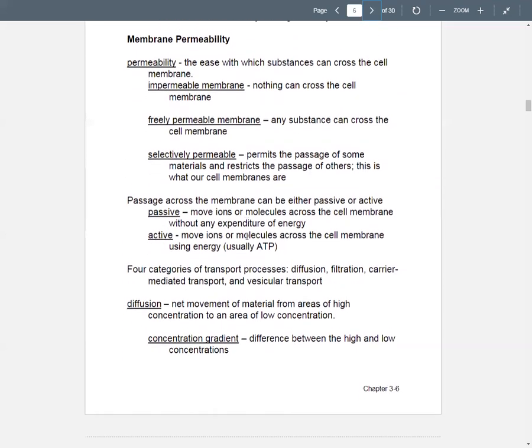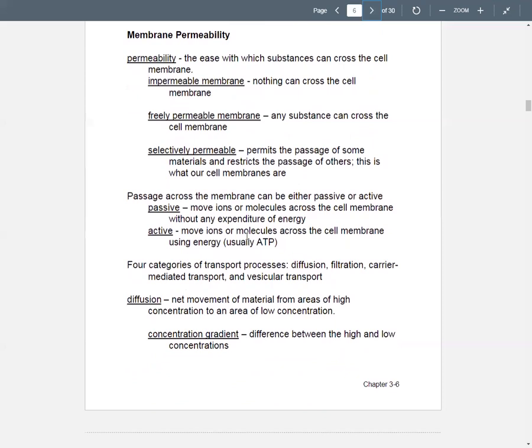Let's talk about permeability of the membrane. Permeability is just a fancy word that basically means how easily certain substances can get across the membrane. If a membrane is impermeable, nothing gets across it. If the membrane is freely permeable, any substance can cross over.